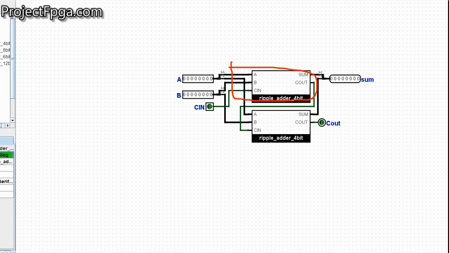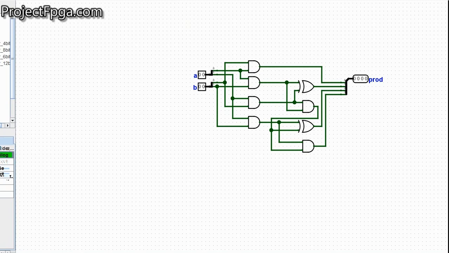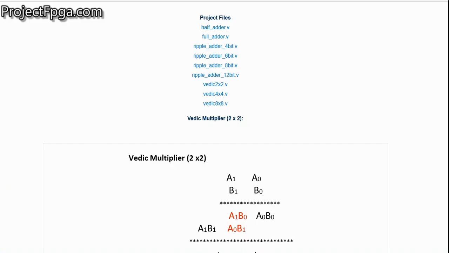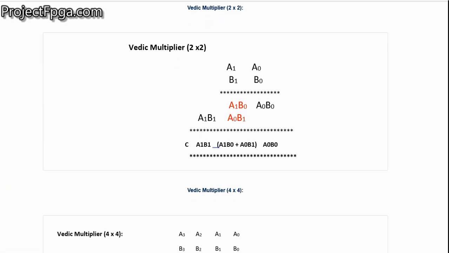So this is the first Vedic here, but I'll be explaining it using this calculation I did on my website. This is the Vedic 2x2 multiplier. In normal arithmetic, if you are multiplying two numbers in decimal, remember the first thing you do is multiply this with this.